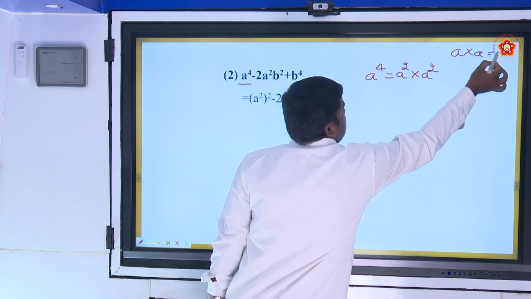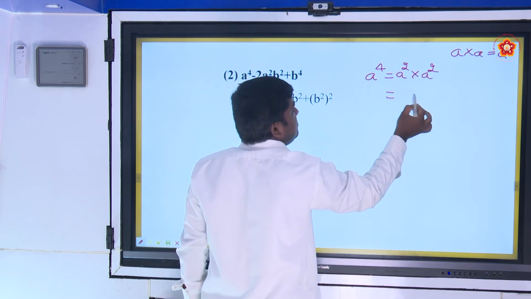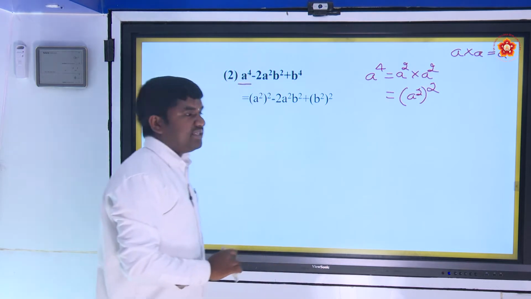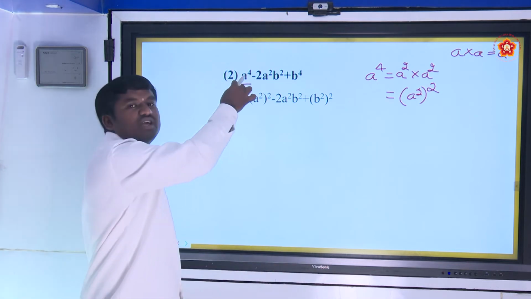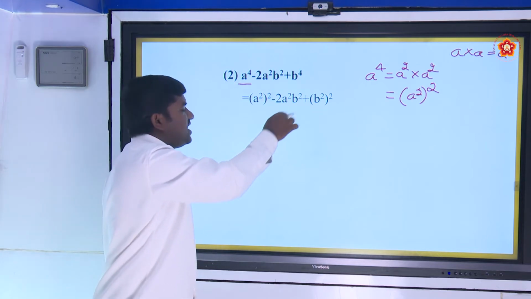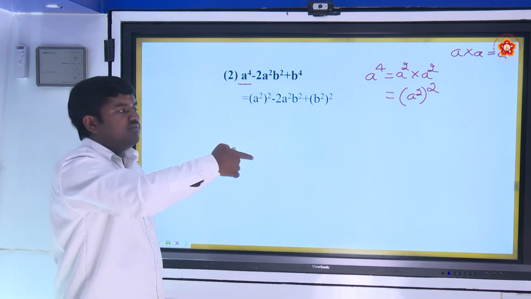In the same way, a square into a square is equal to (a square) whole square. So I write a power 4 as (a square) whole square minus 2a square b square plus (b square) whole square.